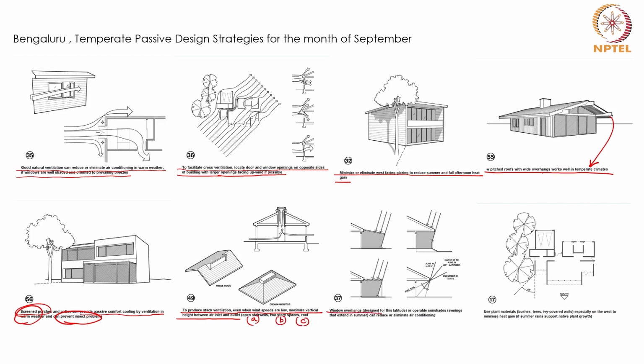Window overhangs designed for this latitude, or operable sunshades like awnings that can be extended during summer, can reduce or eliminate air conditioning. We can use plant material like bushes and shrubs or trees or moss walls, especially on the west side. This will minimize heat gain if summer rains support native plant growth.